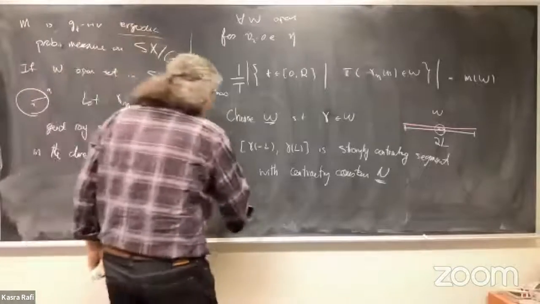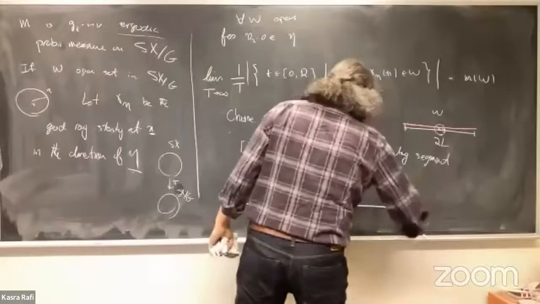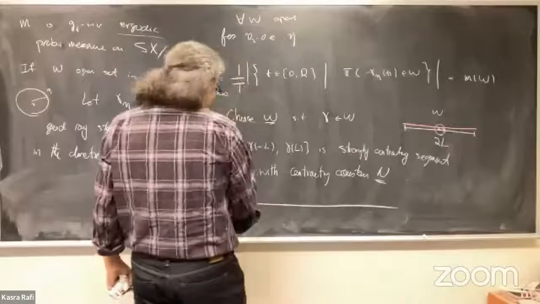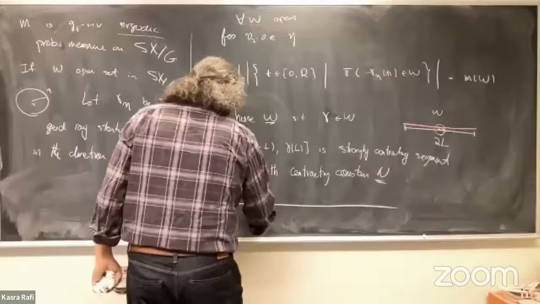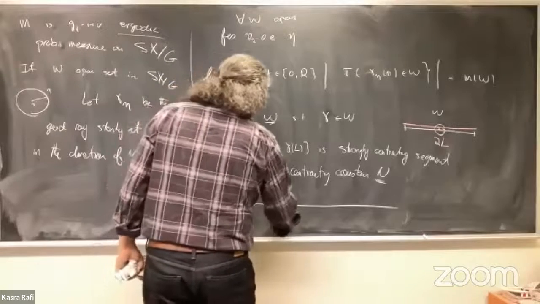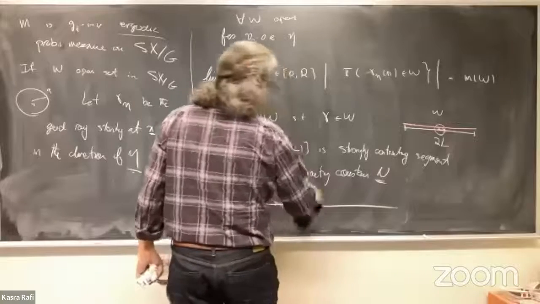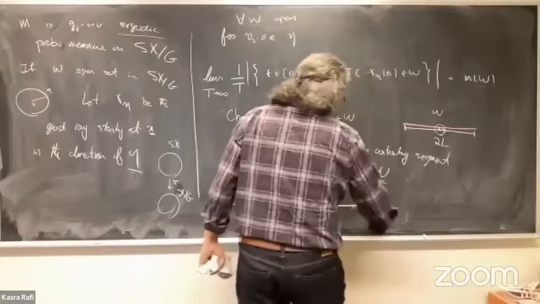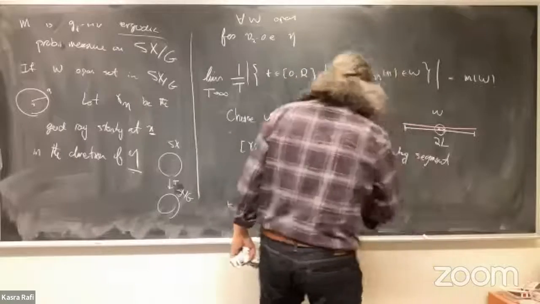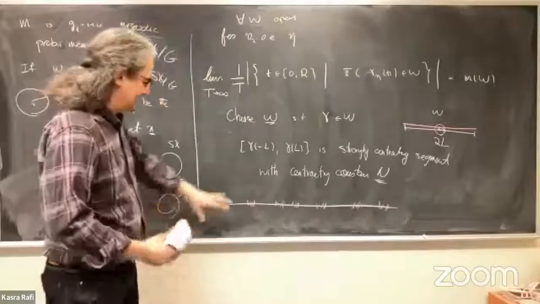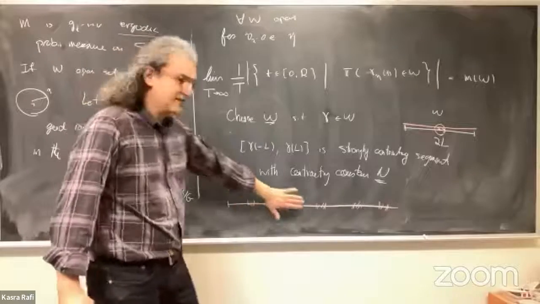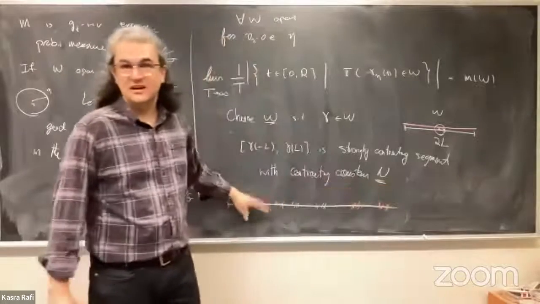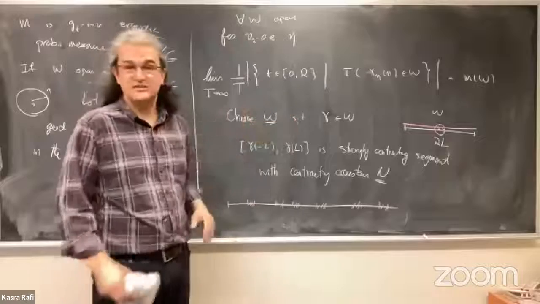Okay, so the picture is as follows: you have this geodesic that you like, and then these contracting segments appear all over the place, so that the limit of the time you spend here actually exists and is some positive number.